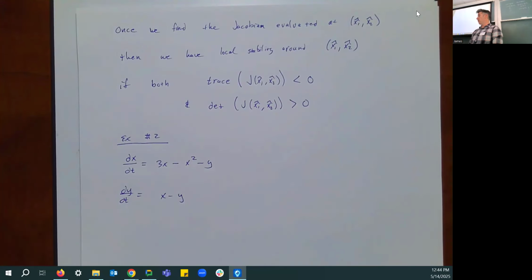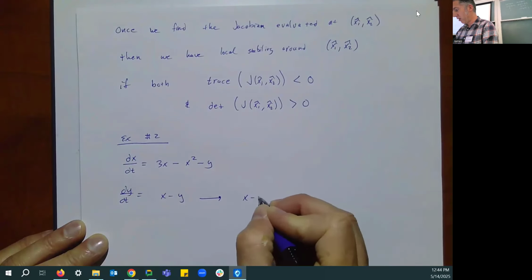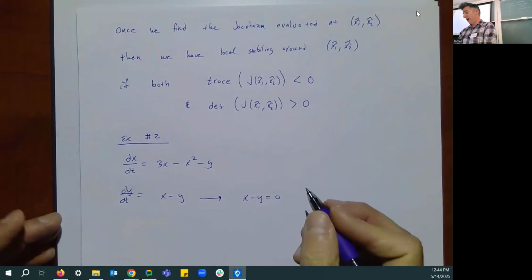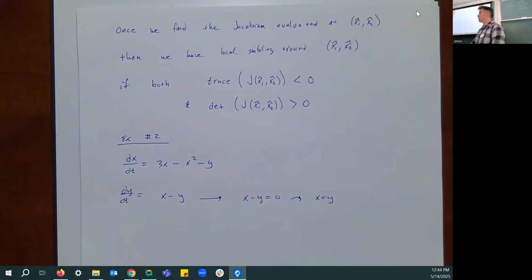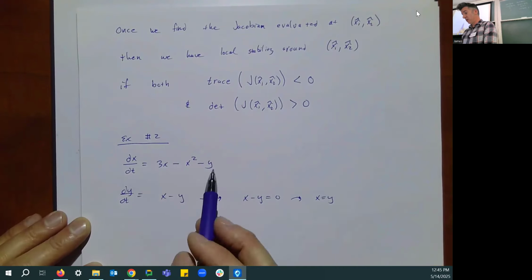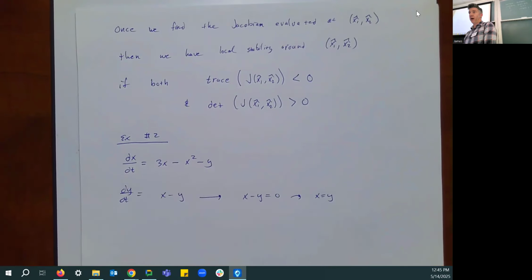So let's find the equilibria. If I set x minus y equal to 0, I don't get a particular point, but I know I have to have x equal to y. So any equilibrium is going to be like 1, 1, or 5, 5, or -6, -6. That's my only option. But then I'm going to take my other equation here, which is very nonlinear, and plug in either x for y or y for x.